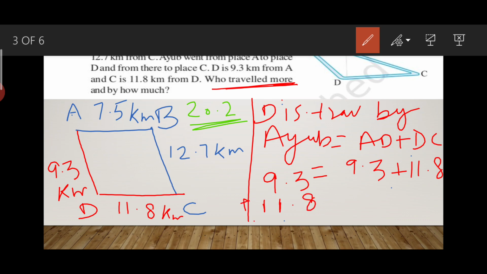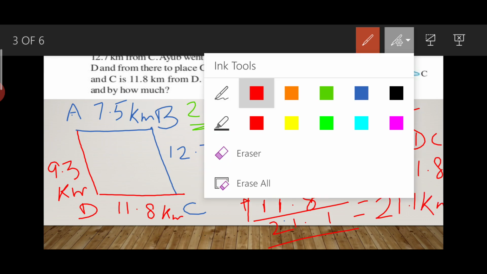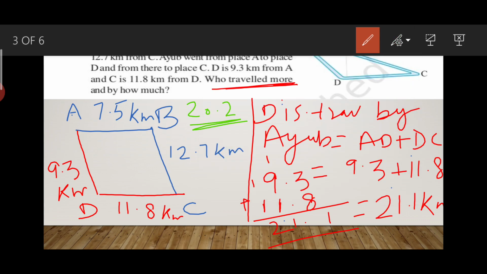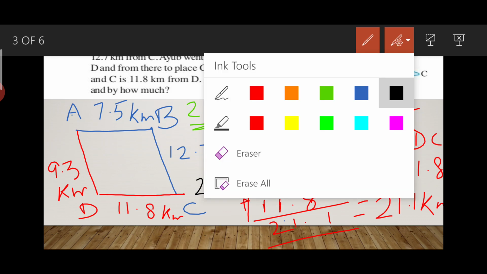Now you have to add these values. 8 plus 3, 11, carry 1. 9, 10, 11, carry 1, 1 and 1, 2. So what is the distance traveled by Ayub? 21.1 kilometers. You can see here the distance traveled by Ayub is 21.1 kilometers. Now I am erasing it.